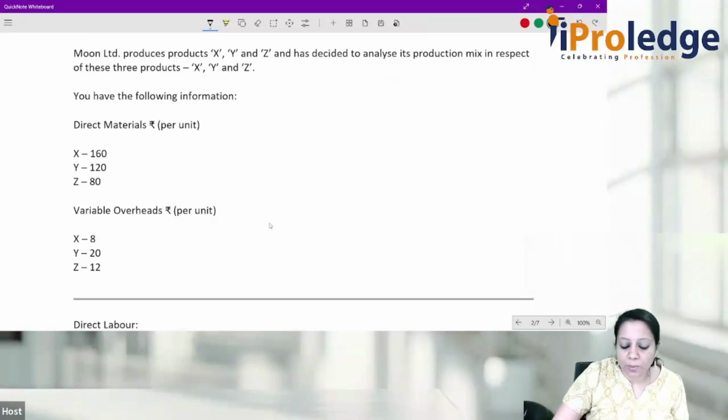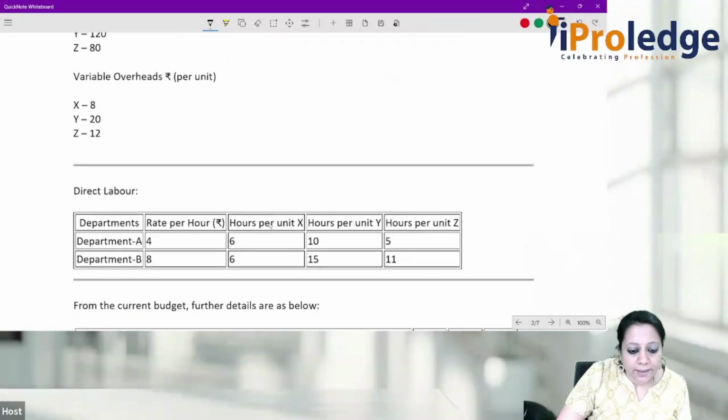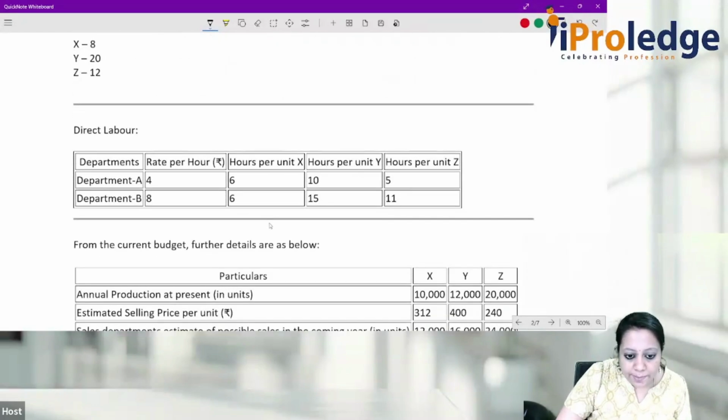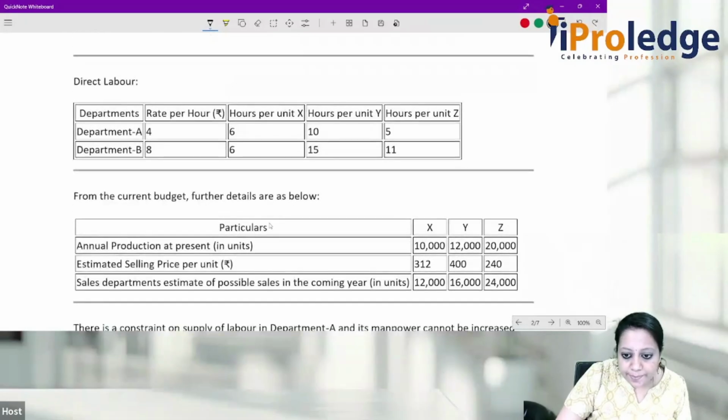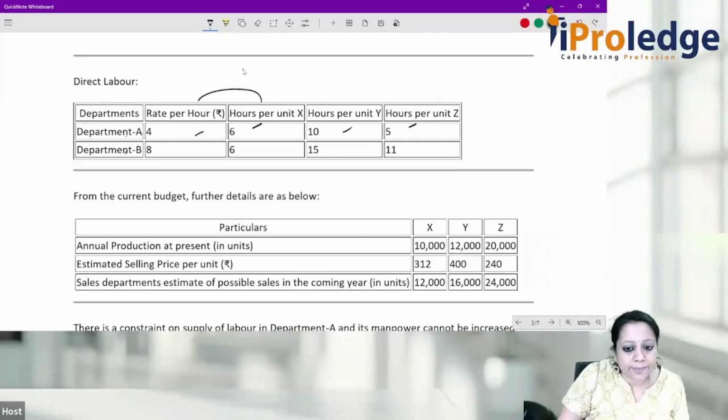Direct material and variable overheads are given, and direct labor is also given. So rate per hour and hours per unit are both given, for both departments A and B. This is for X, this is for Y.